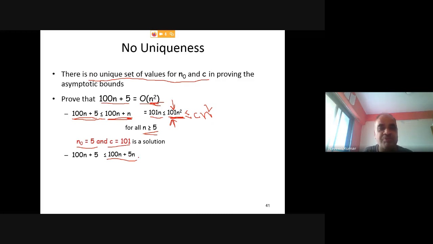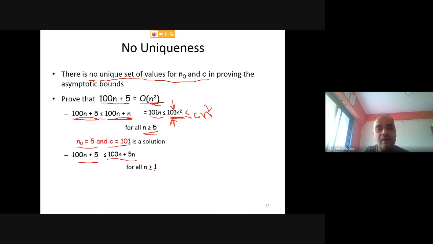But if you say 5n, what will be the value of n0 then? n0 should be greater than or equal to 1. So if you put 1 here, this function will give 100n plus 5. If we increase n, this value will be greater than 5, right?